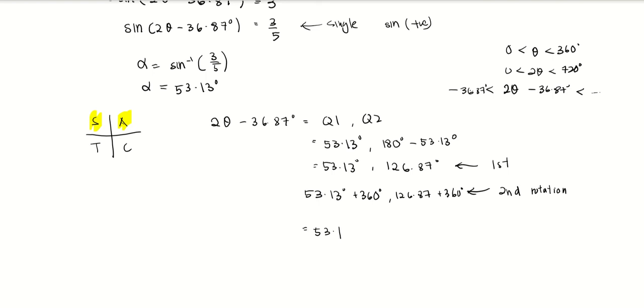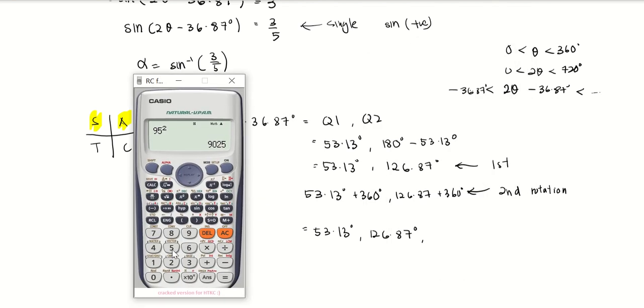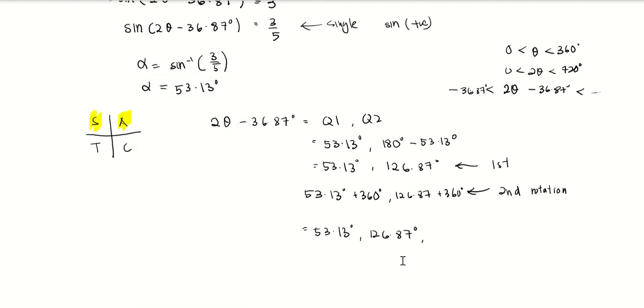The first is 53.13, then 126.87, and then 53.13 plus 360 is 413.13, and 126.87 plus 360 is 486.87.